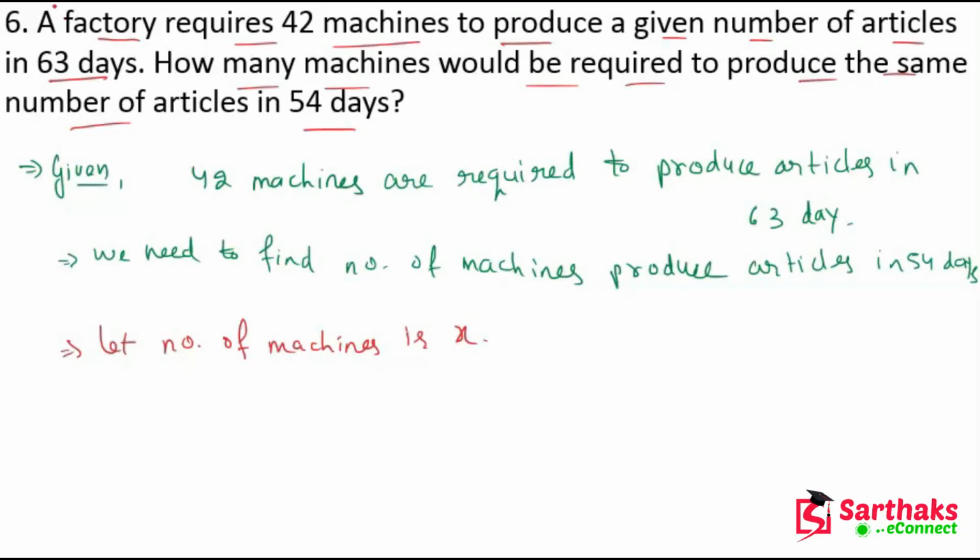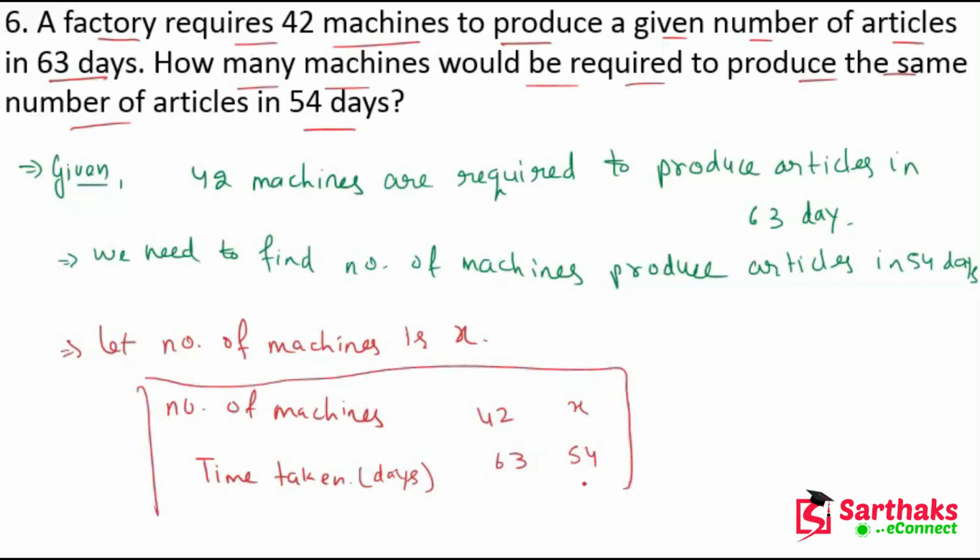If you make the table, it will look like number of machines and time taken, in days. If the number of machines is 42, then the time taken is 63. We have to find the number of machines for time taken 54.